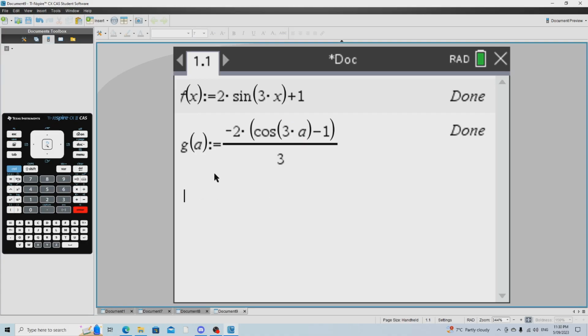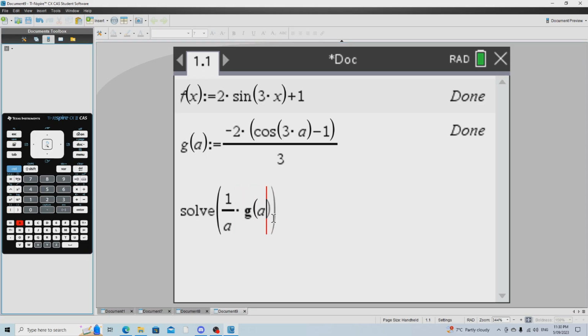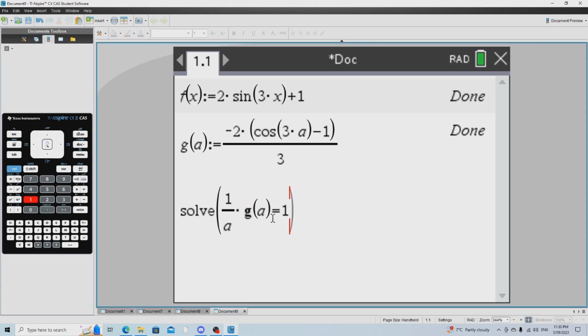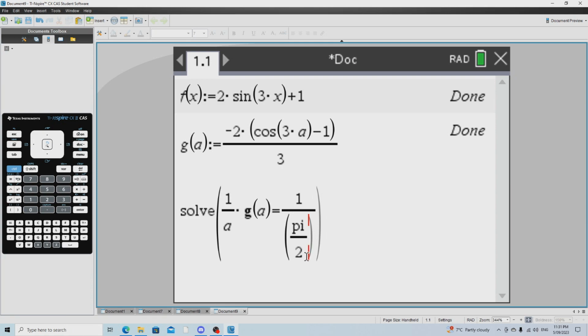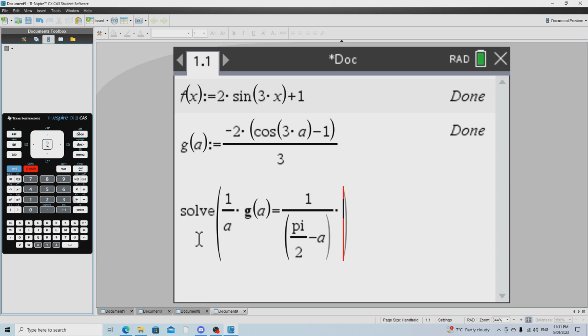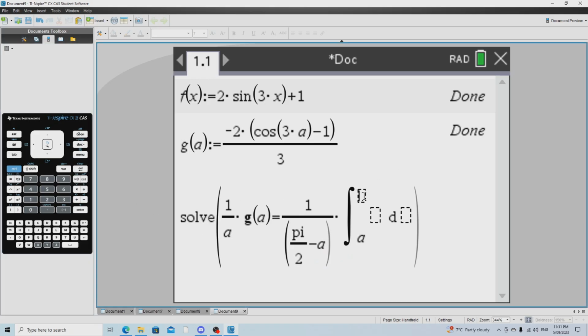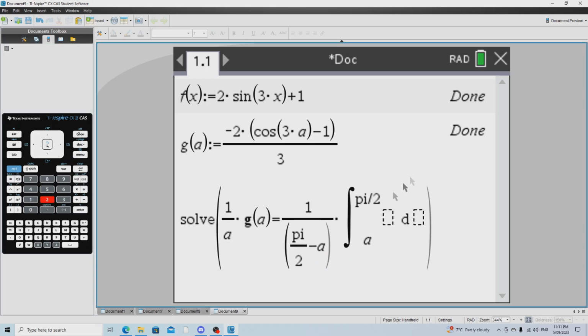Okay, and we're saying solve 1 over a times g of a equals 1 over pi on 2 minus a times the integral of a to pi over 2 of f of x minus 1 dx.